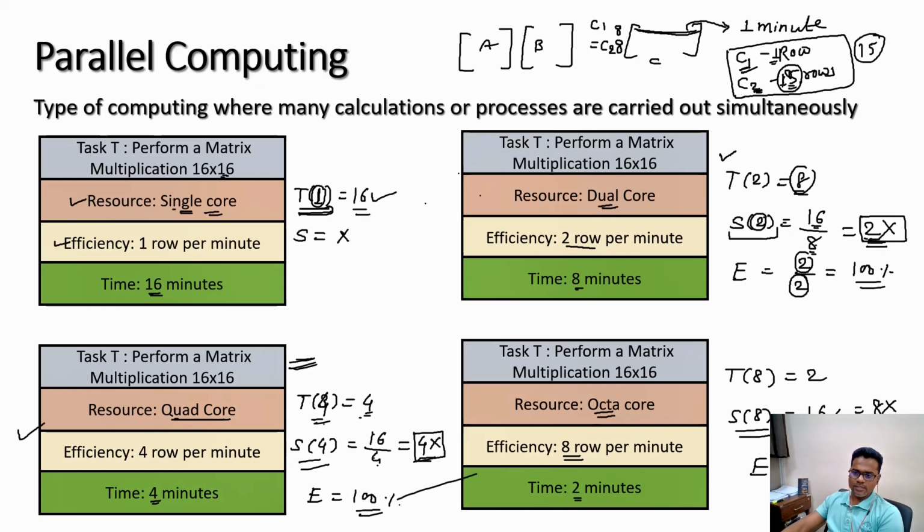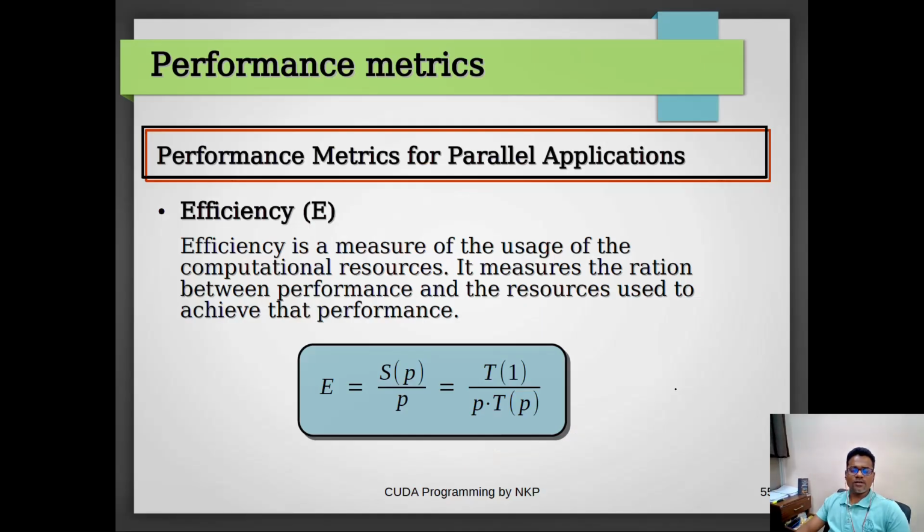And in this case, the speedup is 8 and the total number of cores is 8, which is again 100%, right? So efficiency here is 100%. We'll come to why we are getting 100% efficiency, and what possible scenarios give efficiency of less than 100%. Okay, so that's it about speedup and efficiency.